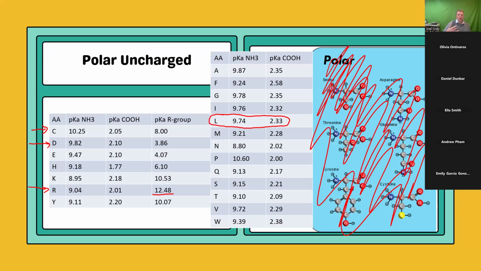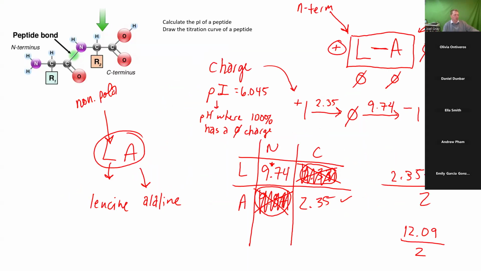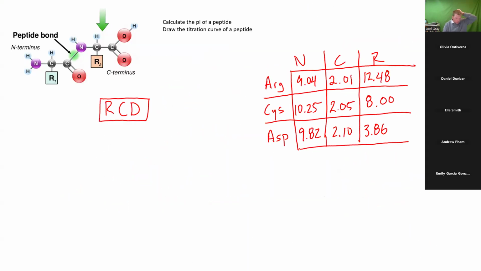So I'm just going amino acid by amino acid and asking myself, what about these functional groups? Now, for arginine, cysteine, and aspartic acid, this tripeptide, I'm going to show you the backbone. This right here is just a super simple model that I like to use, and I'm going to show you the functional groups and go from there.